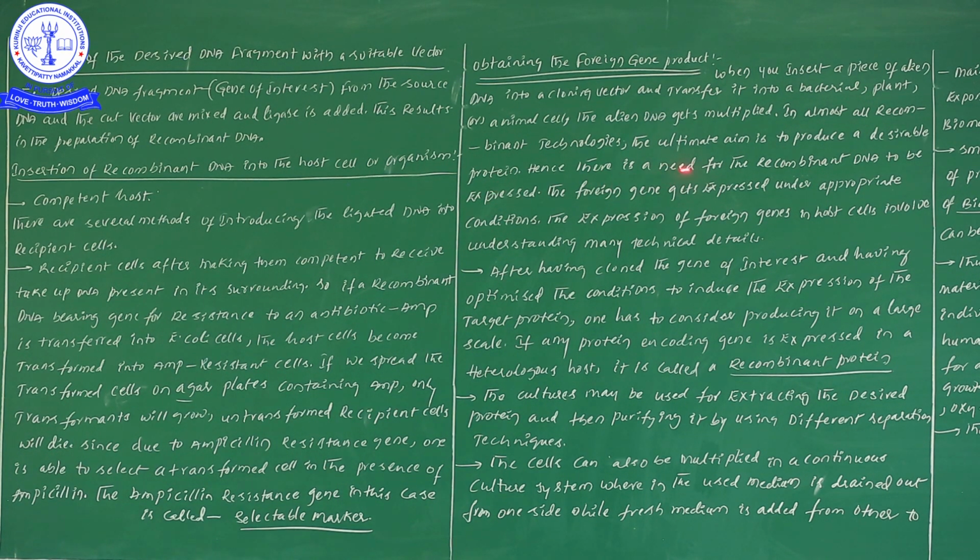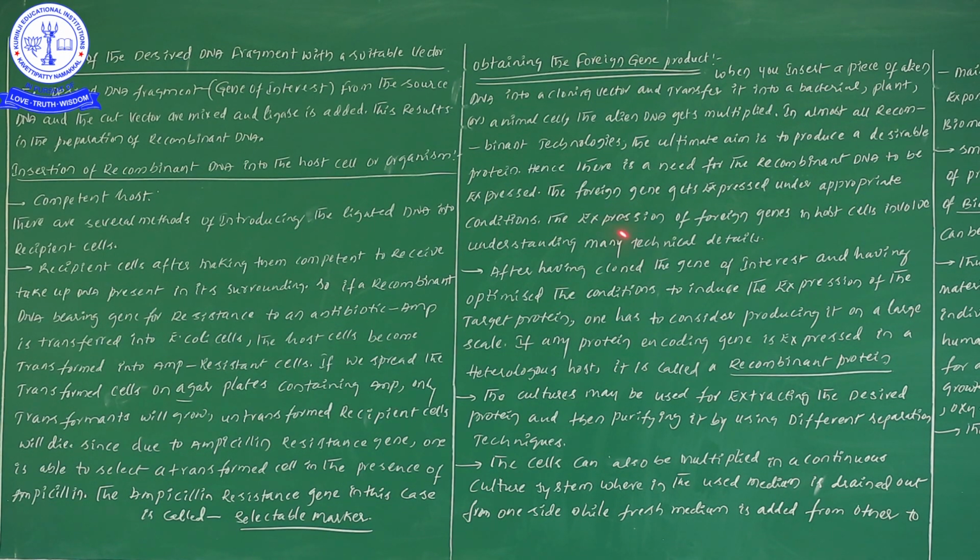Hence there is a need for the recombinant DNA to be expressed. In order to obtain a desirable protein, our desirable recombinant DNA must be expressed. Expressed means that by the process of transcription as well as translation, protein formation takes place. Next, the foreign gene gets expressed under appropriate conditions.